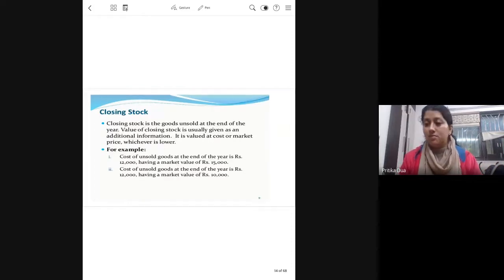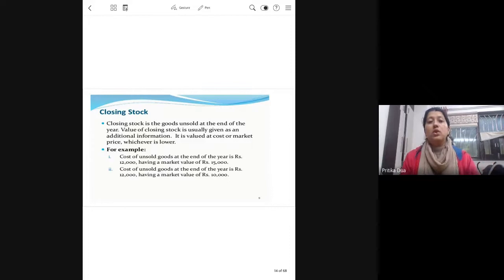More or less by default, closing stock has already been covered in the question that we have solved. Outside the trial balance, when you find an additional piece of information, the effect of that information is recorded at a minimum of two places.